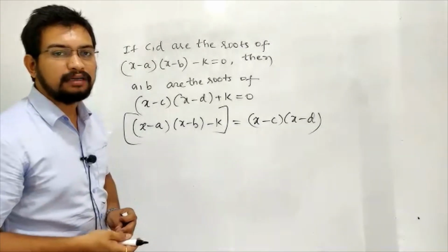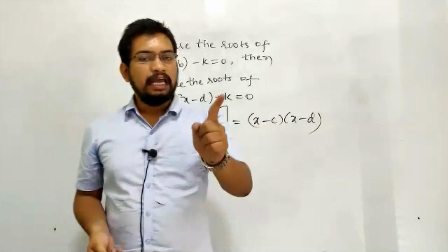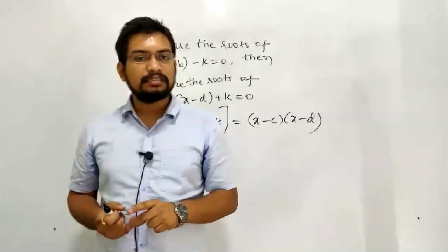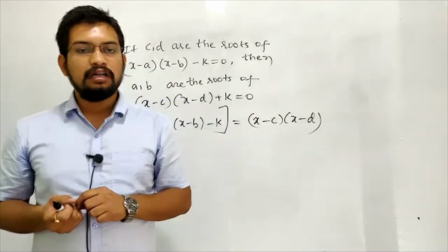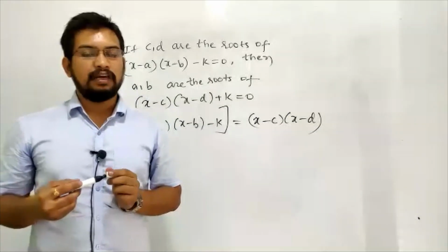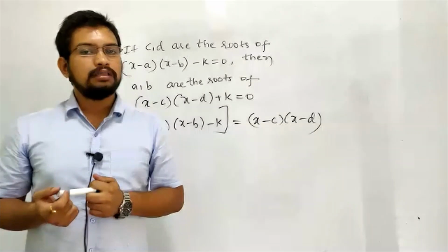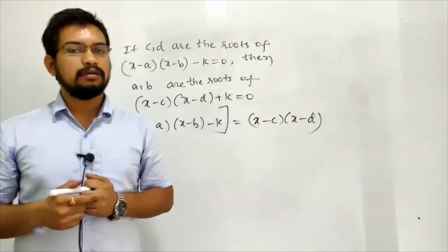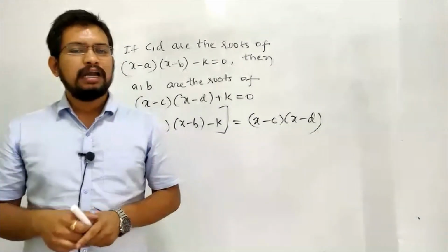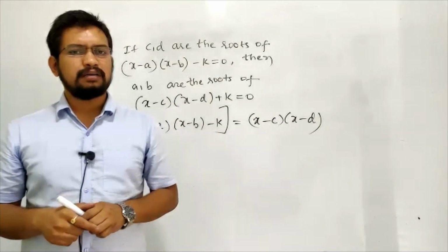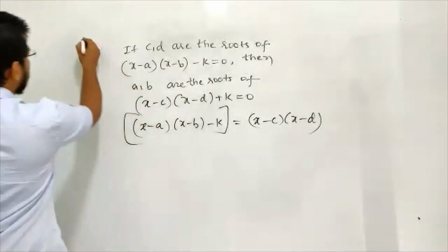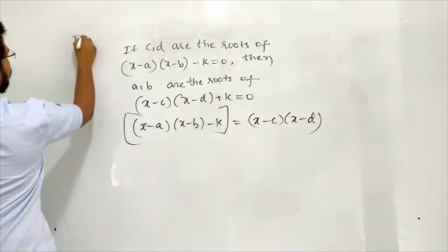What is the statement of the remainder theorem? If x minus a is a factor of p of x, then p of a will be equal to 0. The factor theorem is just the converse of this.